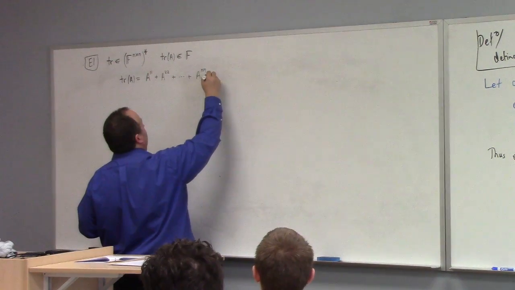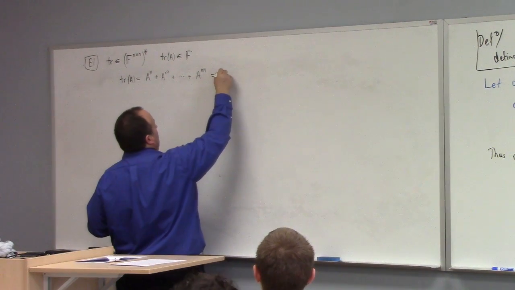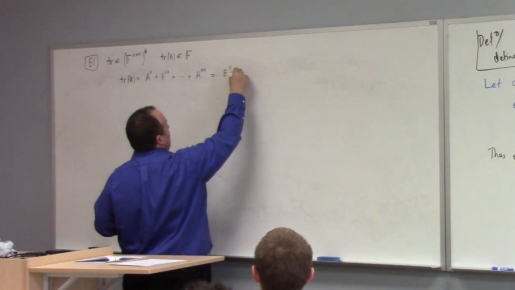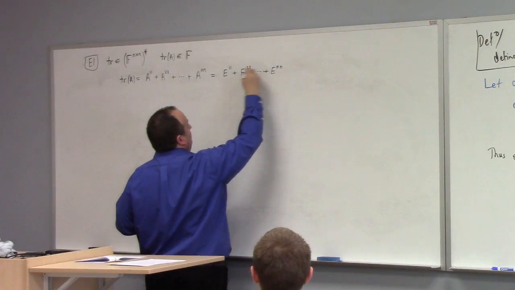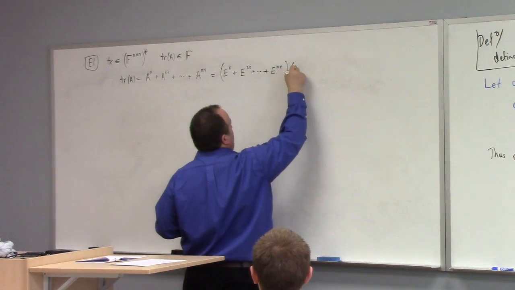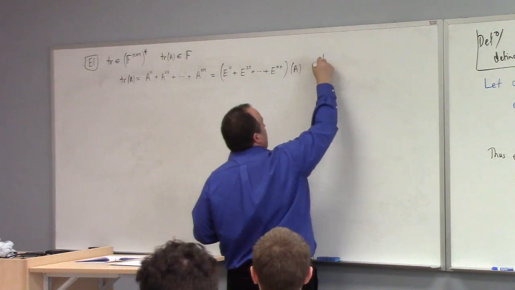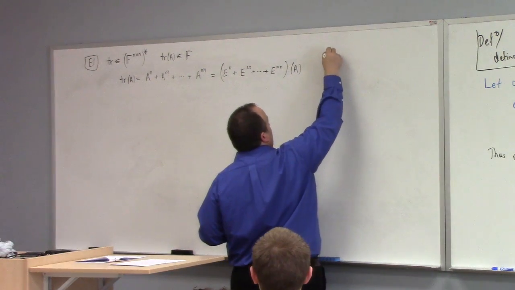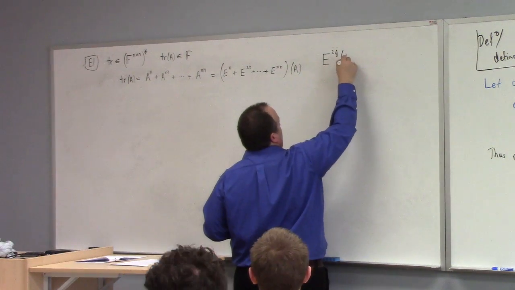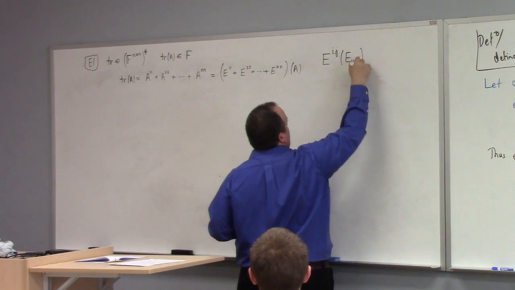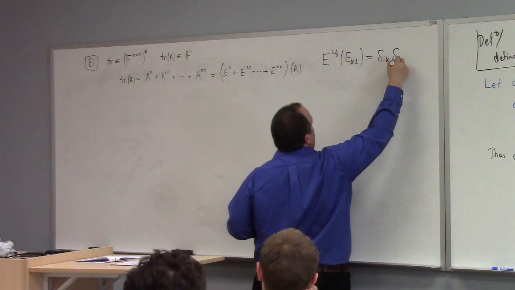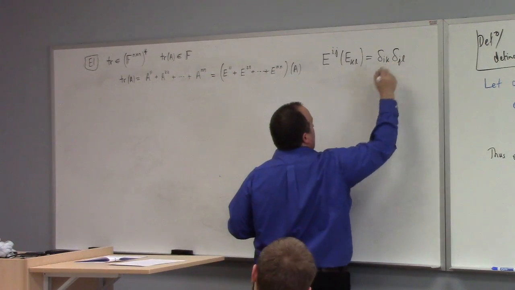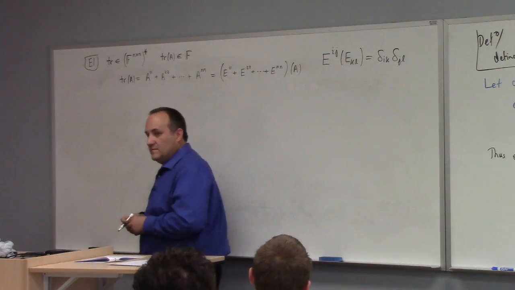So you could look at that as E11 plus E22 plus and so on plus ENN acting on A, where I'm suggesting the notation that E upper ij acting on E lower kl is Kronecker delta ik times Kronecker delta jl. So if we work with a double index, that's how that looks.